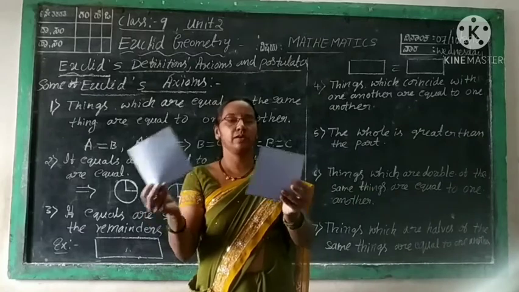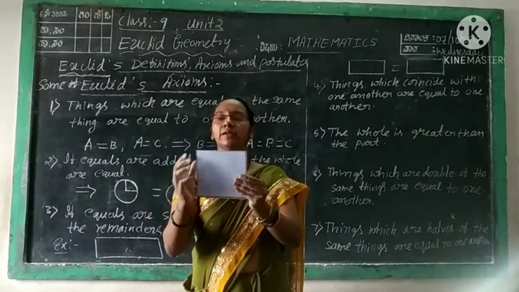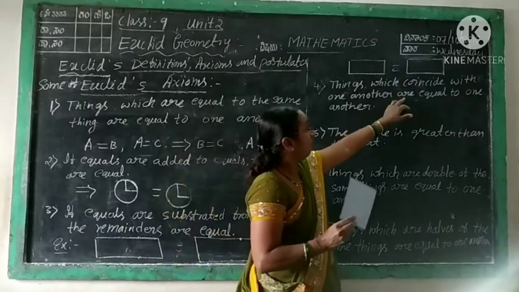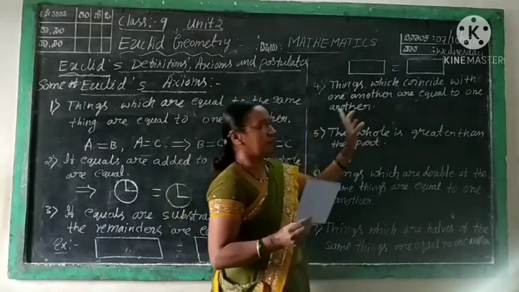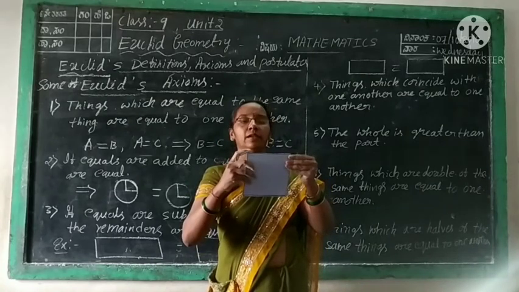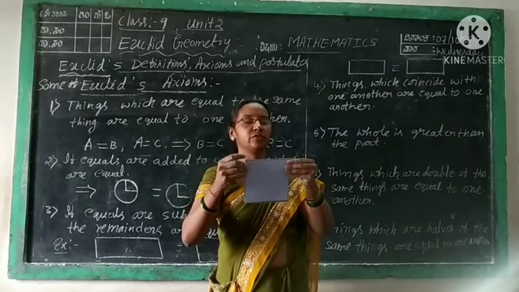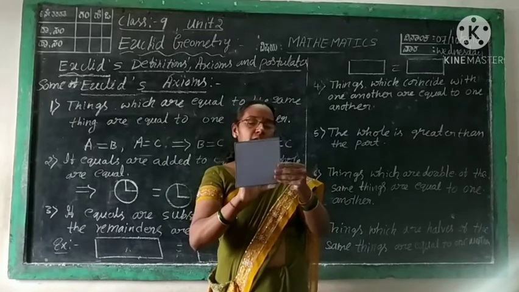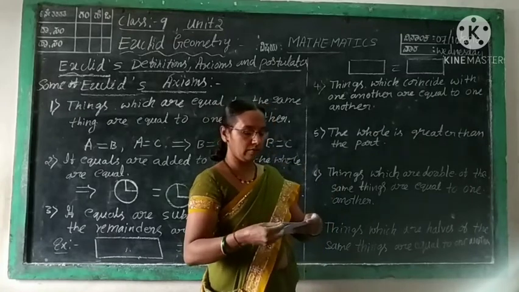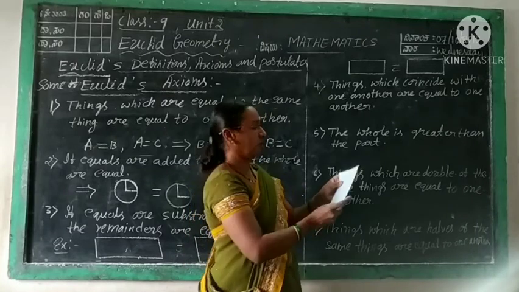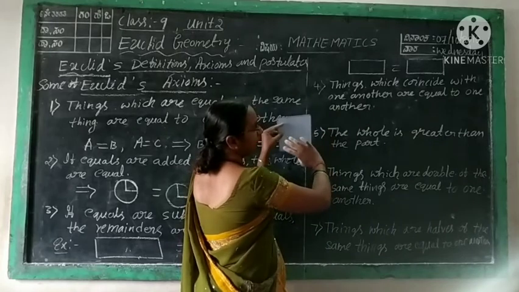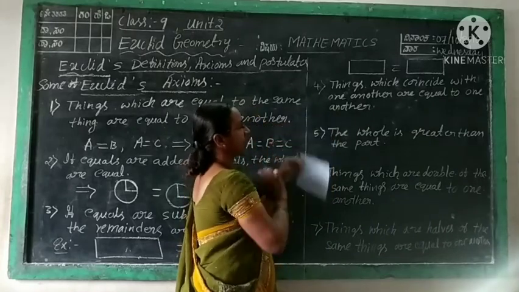We see that they are equal to one another. Both have equal length and breadth, as in a square, all sides are equal. Then we see that things which coincide with one another are equal to one another.